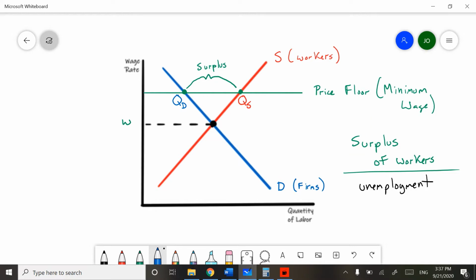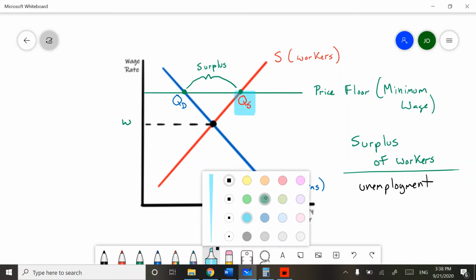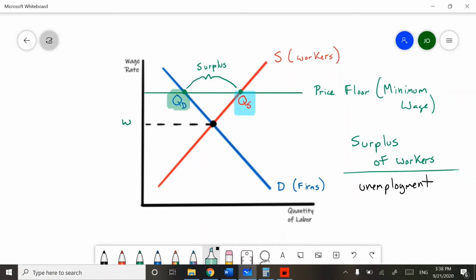By definition, for somebody to be considered unemployed, they must be actively looking for a job, which is what we see here. These people want the job at this wage rate. However, they cannot get a job because at this wage rate, there are only so many jobs available.